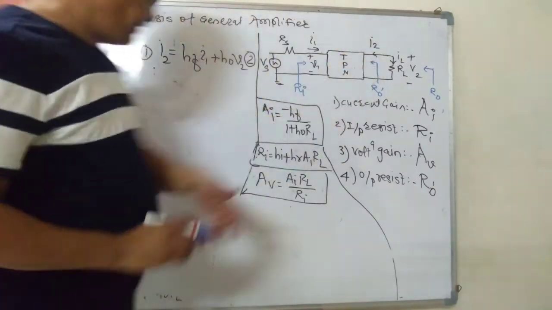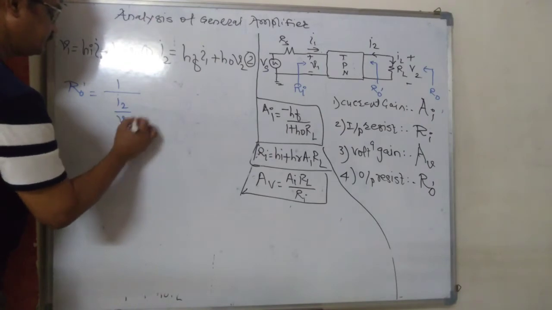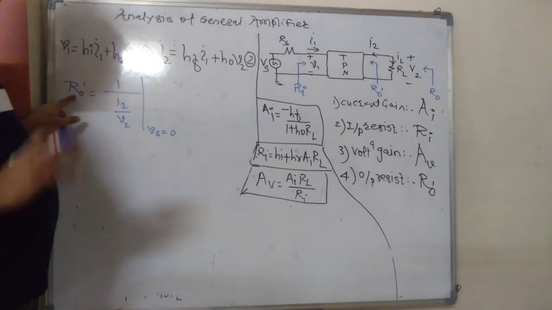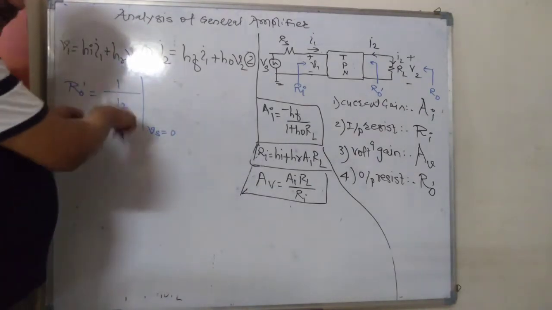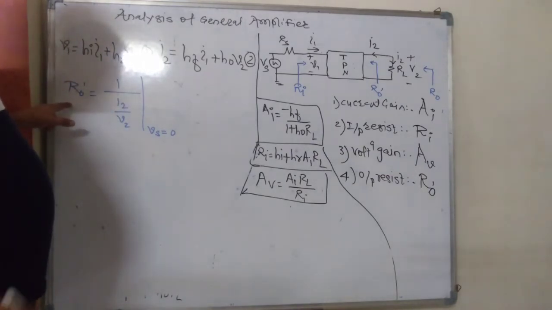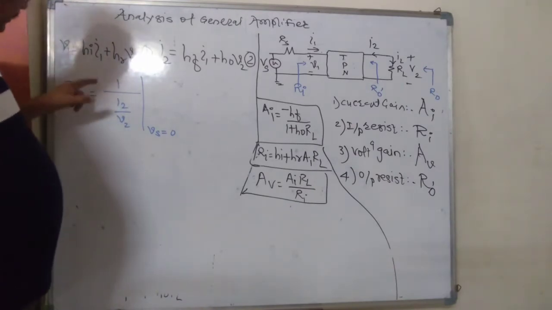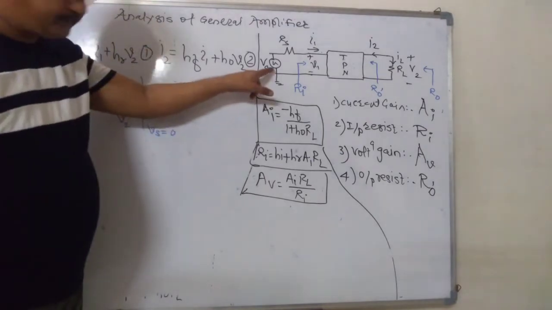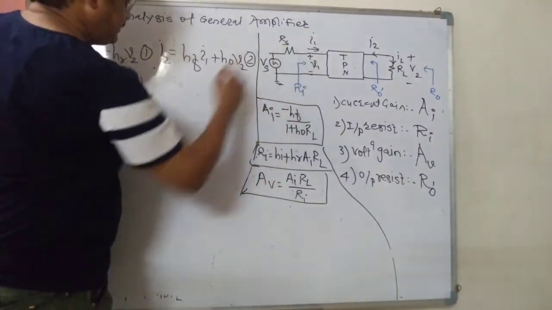For a parallel circuit, R dash is defined as 1 upon I_2 by V_2, that is, output voltage upon output current, put in a different way. Resistance is defined as voltage upon current, but here it is defined as 1 upon current by voltage. While calculating output resistance, we have to keep the input voltage Vs zero. So if the input is 0, the circuit appears like this.